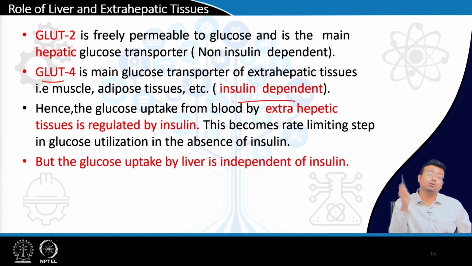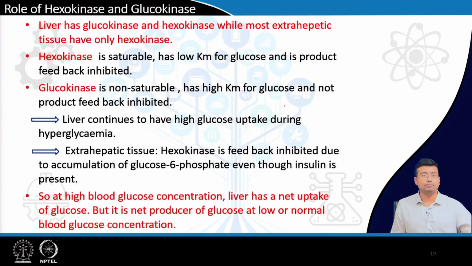And insulin can also tell them to stop when needed, but it cannot tell the liver. So in the liver, the uptake is independent of insulin, right. This is a very important mechanism by which the peripheral cells can spare glucose in order to divert the available glucose to the brain in case of hypoglycemia, right.